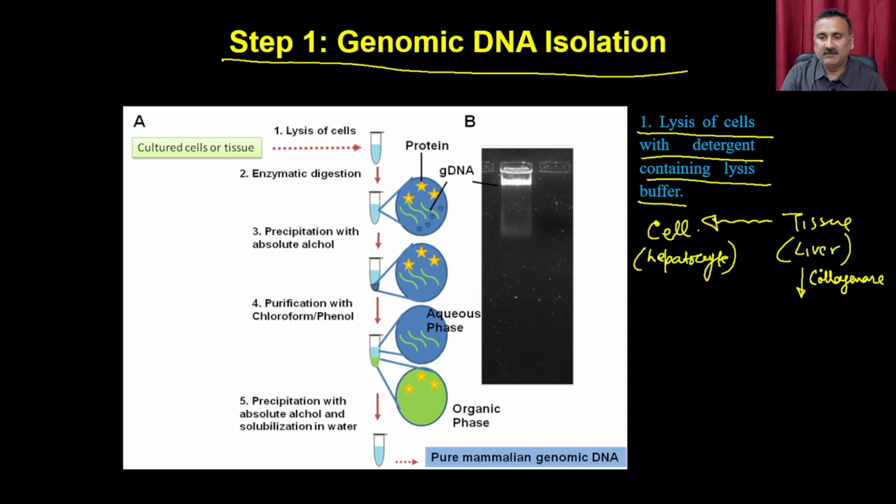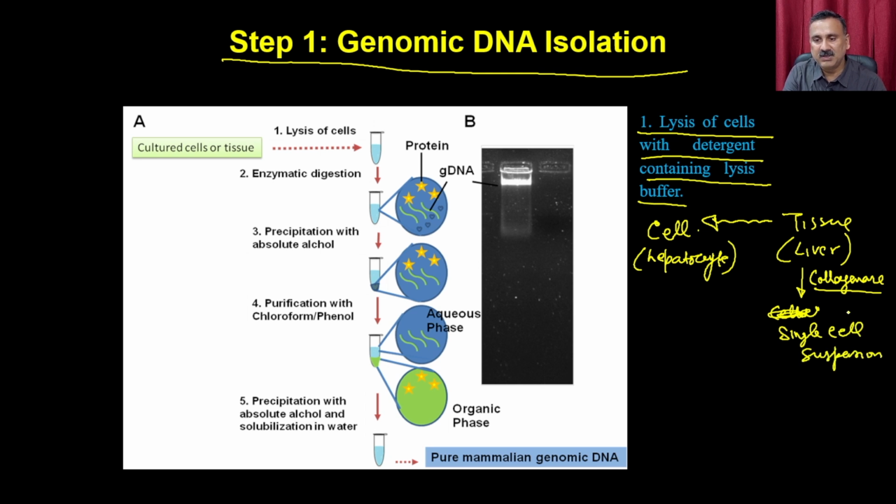In the liver you have collagen-like material which is sticking these cells together. So, if you treat them with collagenase, you are going to get a single cell suspension, and this single cell suspension can be used for the further downstream steps.